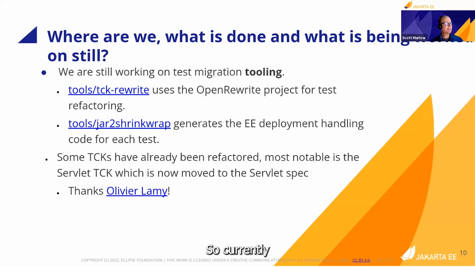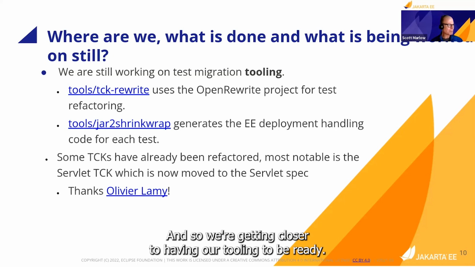So currently we're working on tooling for automating the rewriting of the TCK tests to run with JUnit 5, and Achillean is the other tool that we're using. And so we're getting closer to having our tooling ready.